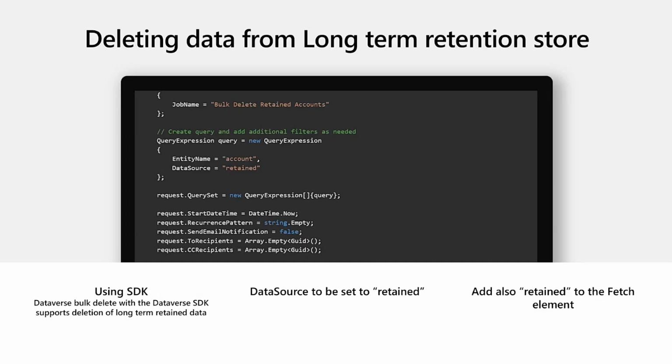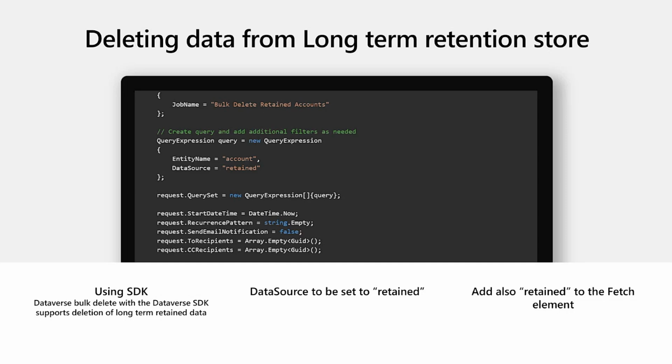These are your out-of-box Dataverse bulk delete jobs that, when created using the Dataverse SDK, will support the long-term data retention store. And how do we support that? Within the code, you can specify the data source to be set to retained store.